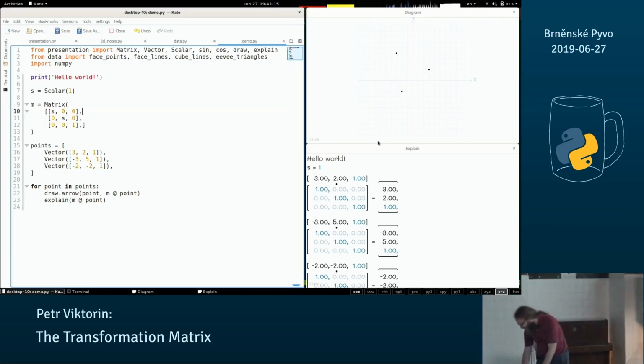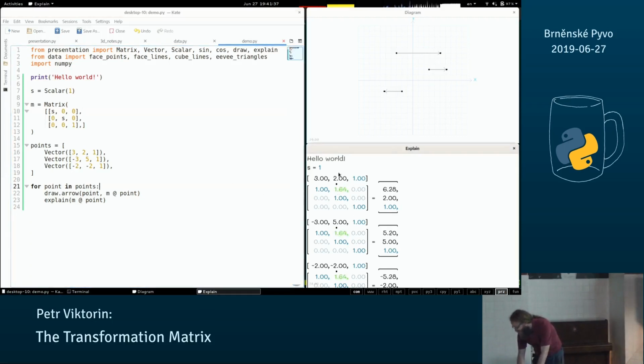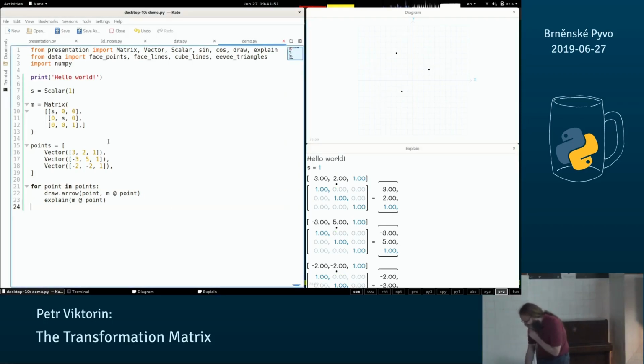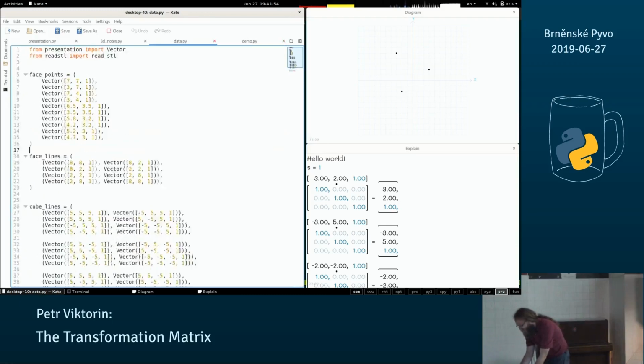So there's this number here, which changes the x-coordinate, and it changes it according to the y-coordinate. Anybody knows what this operation is called? It's not very visible with 3 points. Skew, yes.